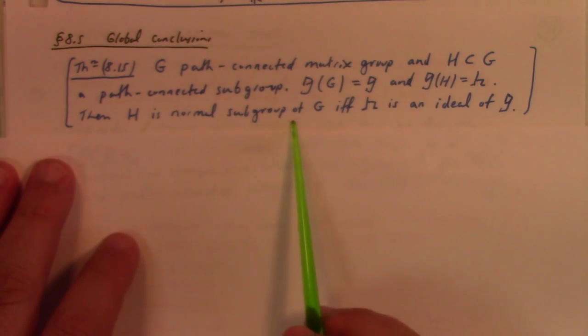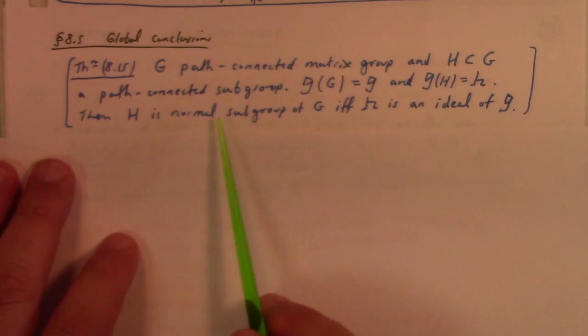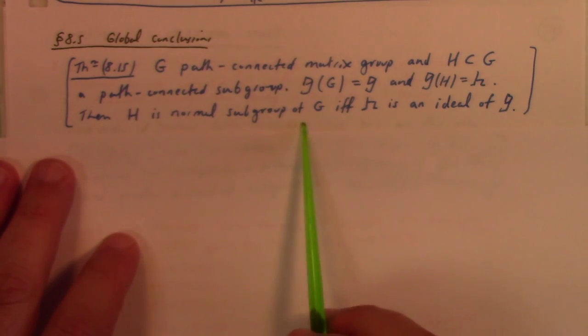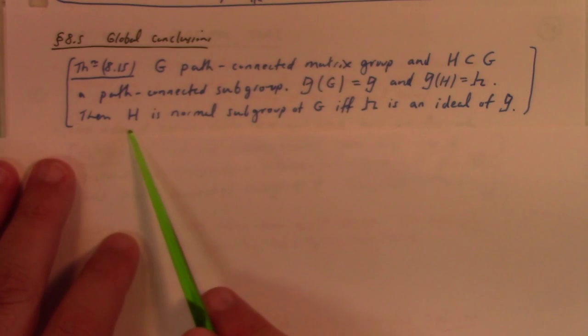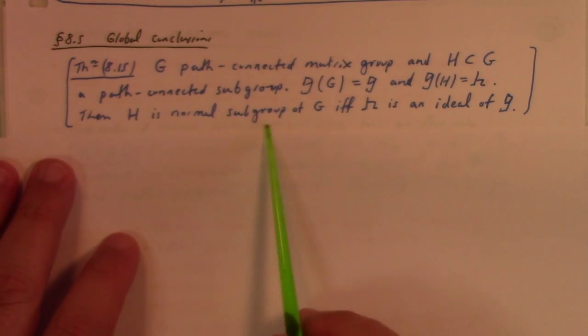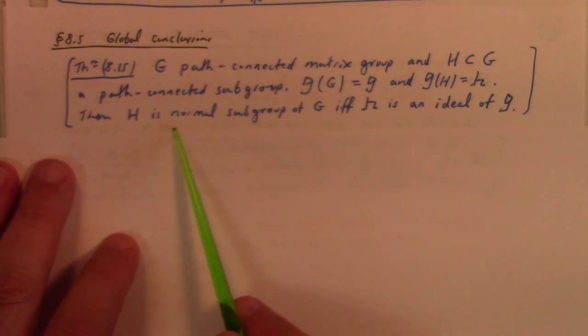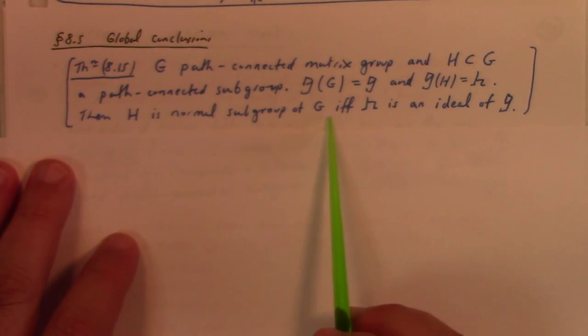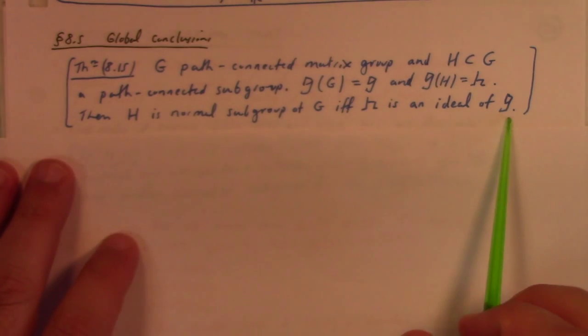Remember, normal subgroup means that the factor group is itself a group. You'd like to call them ideal subgroups, but the term normal is, we're stuck with it. So H is a normal subgroup of G if and only if the Lie algebra 𝔥 is an ideal of 𝔤.